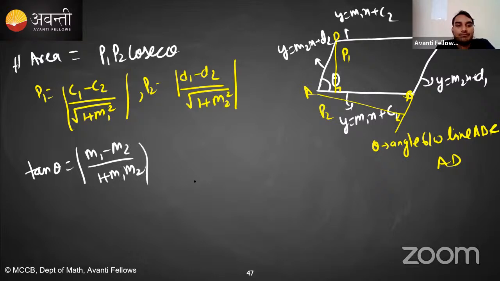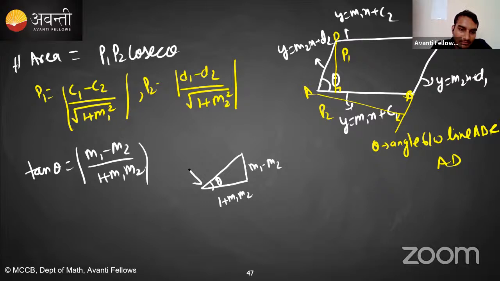Right? So in this triangle, if tan theta is known, you can find cosec theta. This side is m1 - m2, this side is 1 + m1 m2. The hypotenuse is under root of this square plus this square, so (1 + m1 m2) whole square plus (m1 - m2) whole square.